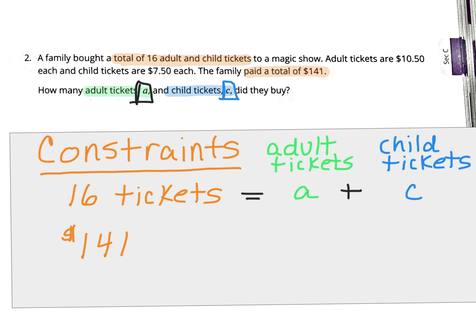Now I can see my next limit has to do with money. So let's see where I see some information about money. It says adult tickets are $10.50 each.